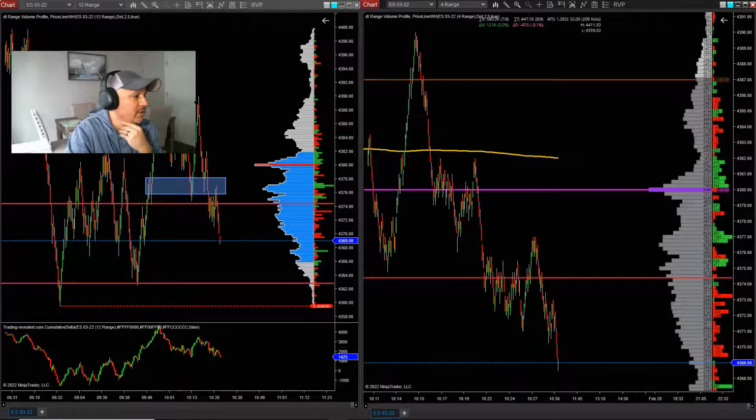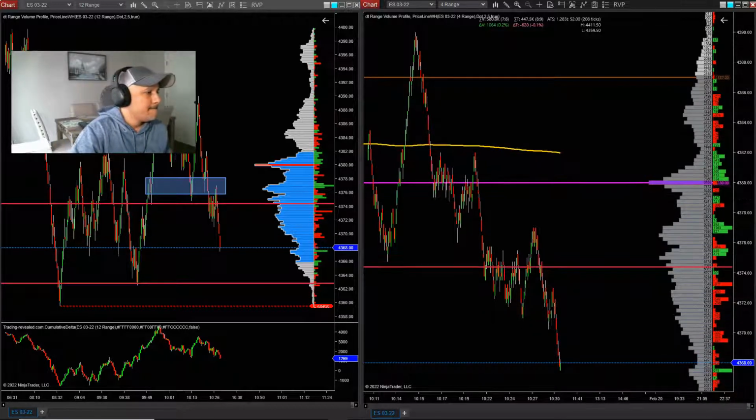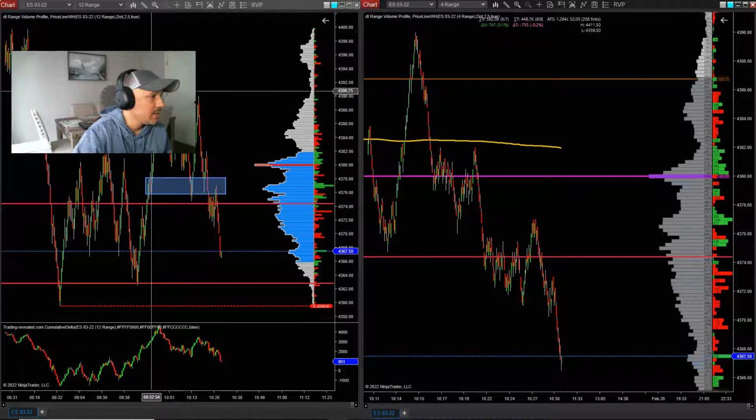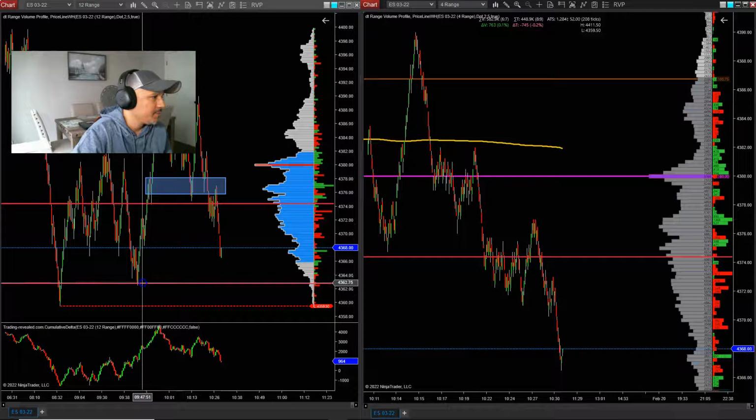Still pushing lower here. So we pushed up here, pulled back, made a higher high here. We've not taken this area out. We have a low in that swing right here.